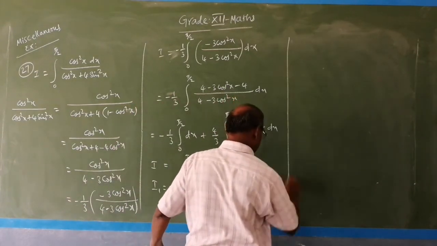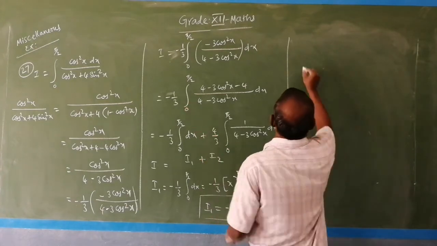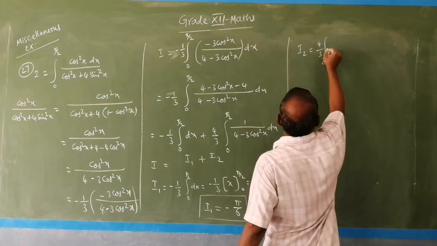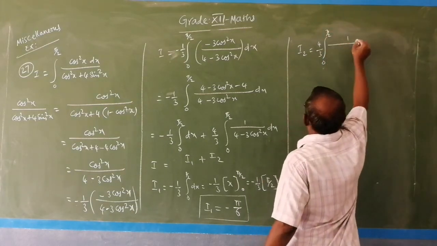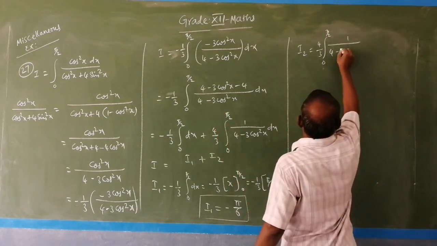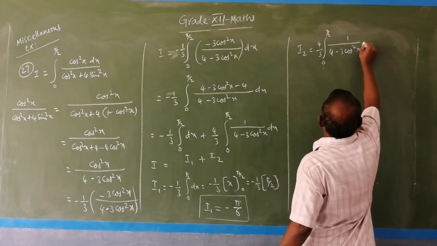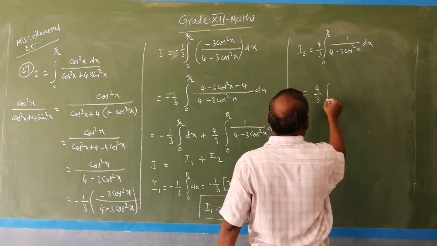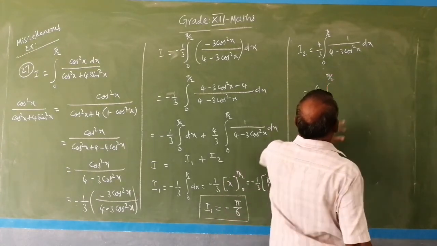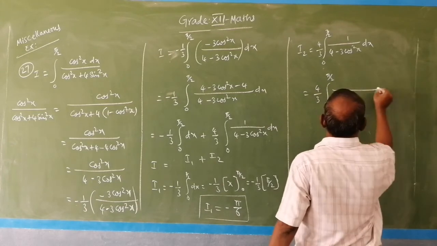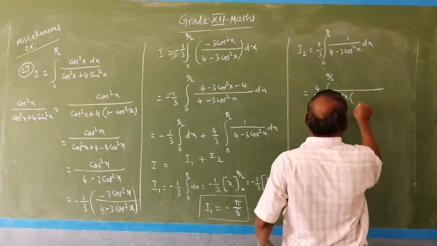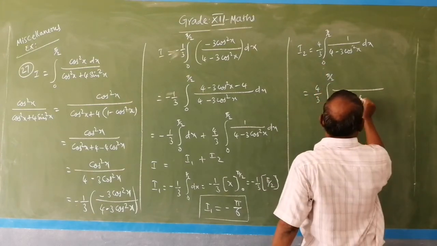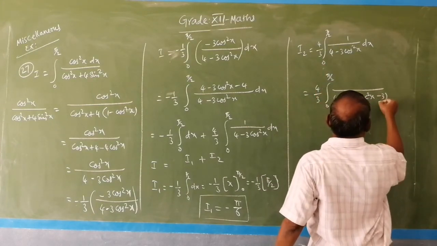Now let us compute I2. I2 equal to 4 by 3 integral 0 to pi by 2 of 1 by 4 minus 3 cos square x into dx. Now take cos square x as common in the denominator. So it will be 4 by cos square x, which is nothing but 4 secant square x, minus 3.